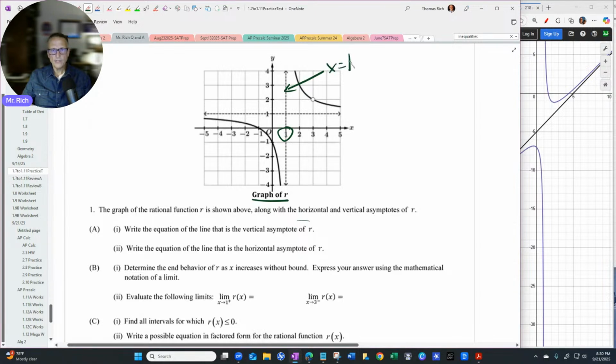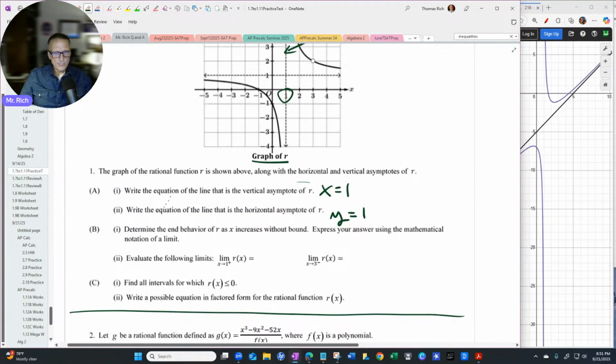Right? Vertical lines are x equals a number, where that number would be the x-intercept. So the answer here is just simply x equals 1. The horizontal line that passes through 1 would have an equation of y equals 1. Right? Easy enough there. So we got a couple of points there on letter A.